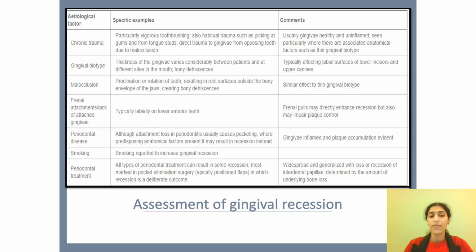But in this case, where periodontal disease is actually causing the gingival recession, usually the gingiva will be inflamed and there will be a lot of plaque accumulation that is usually evident. It is also reported that gingival recession is usually associated more in smoking patients, and post-treatment after periodontal therapy, especially after surgical periodontal therapy, some form of gingival recession could be anticipated due to the shrinkage of the gingiva.